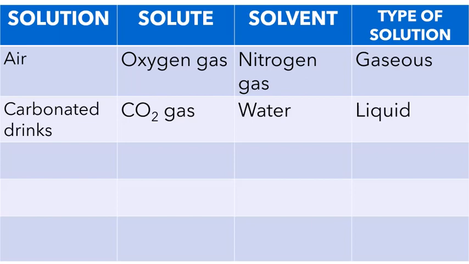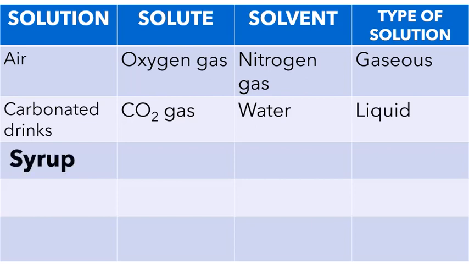Another example, carbonated drinks like soda, Coca-Cola, Royal, etc. So, the solute there is the carbon dioxide gas because it is lesser in amount and the solvent is water because it is greater in amount. Therefore, what will be the type of solution? The type of solution will be liquid because water is the solvent and the state of matter of water is liquid.